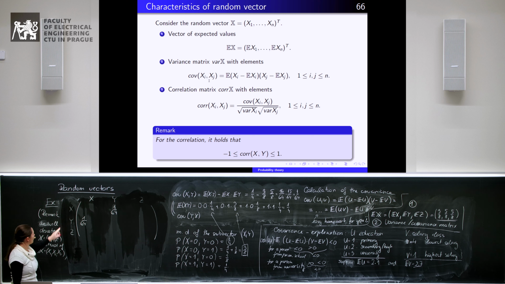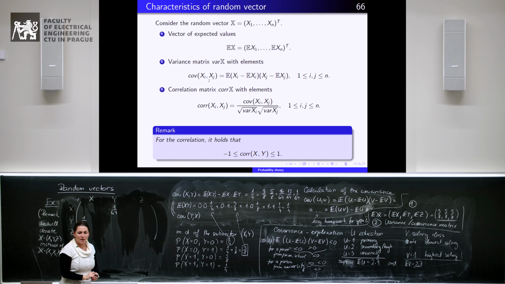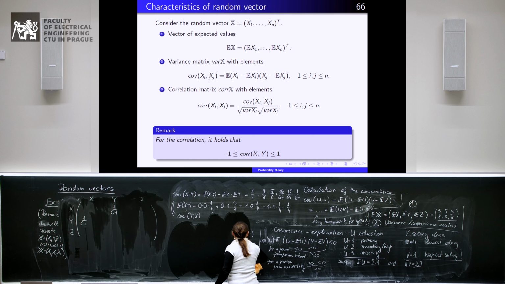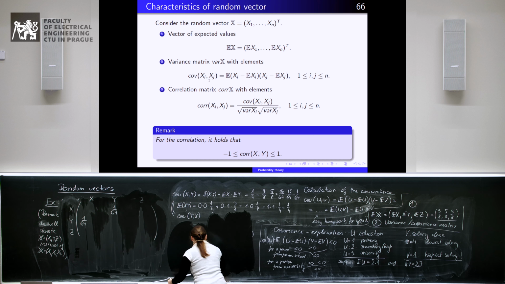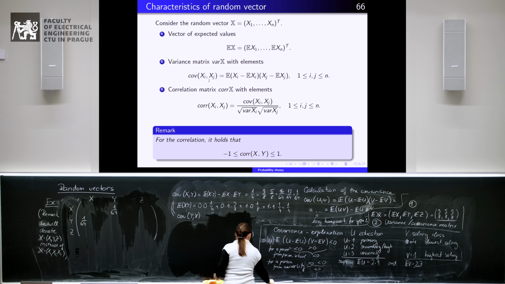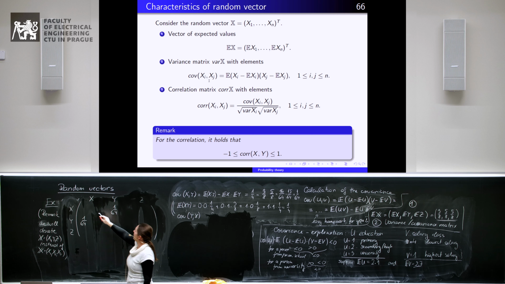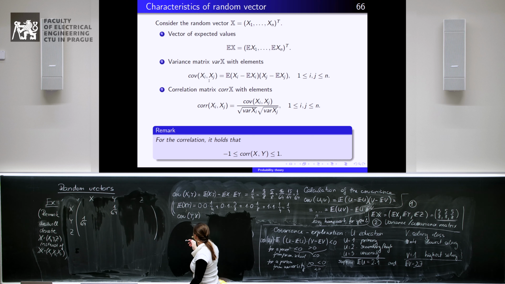Now, what about the diagonal? On the diagonal, we should have the covariance of X and X, the covariance of Y and Y, and so on.